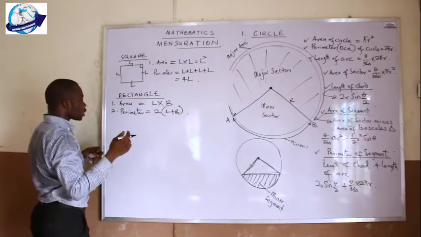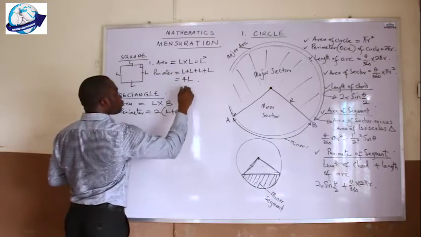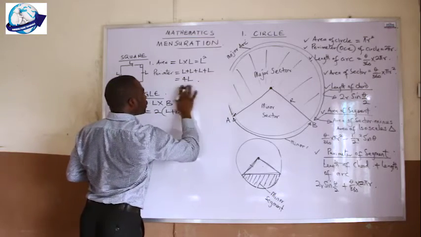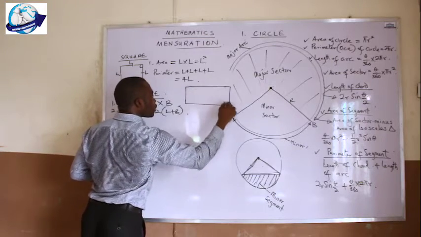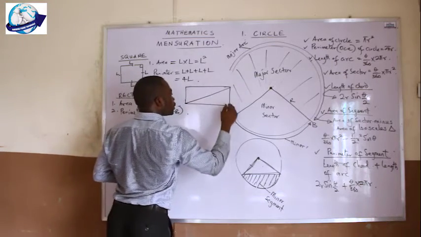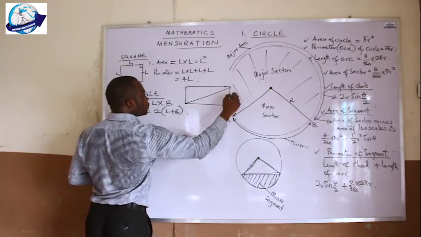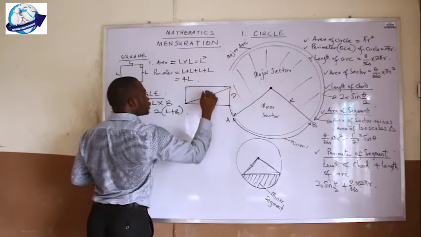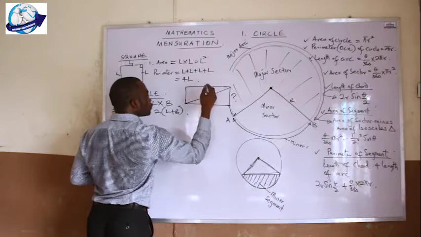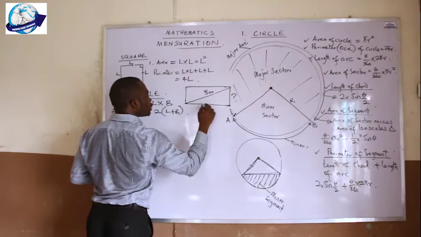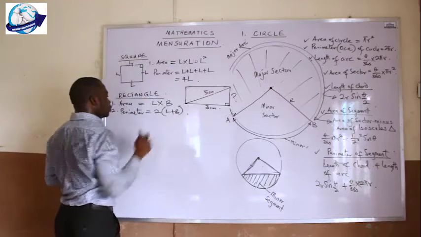Don't forget the diagonal. You can be asked to find the diagonal, where you apply Pythagoras rule. They don't give you the breadth, and then they give you the diagonal, let's say 5, and the length, let's say 3. You can use Pythagoras rule to get the other side, which is the breadth.